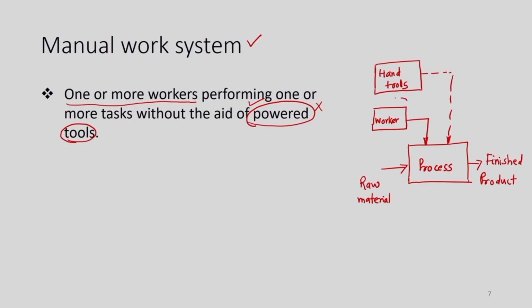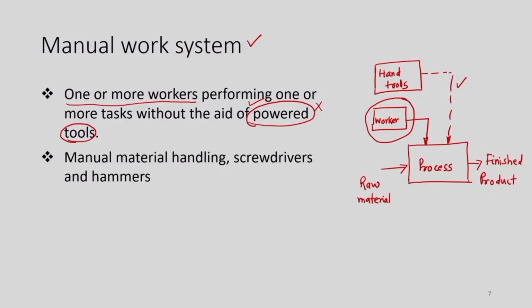The entire operation is dependent upon the skill and power of the worker. Hand tools assist in converting the raw material into the finished product, but the power is applied by the worker. In this way, the process of manufacturing is carried out in the manual work system, which is a very basic work system that we still use in our day to day life.